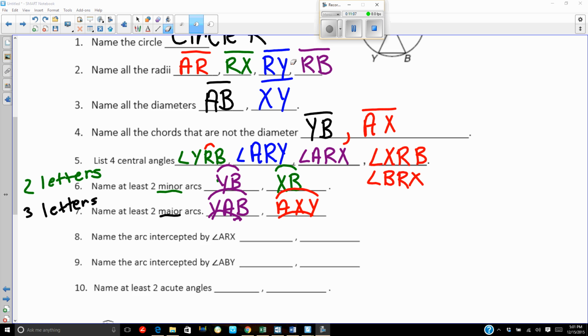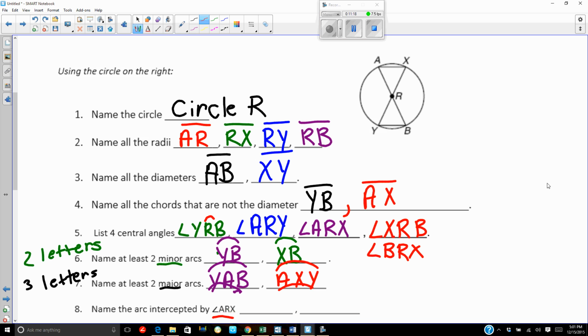All right, and then let's finish it off. Name the arc intercepted by angle ARX. So I'm going to go up here and find angle ARX. So angle ARX is that angle right there. So we want to find the arc that that angle intersects.